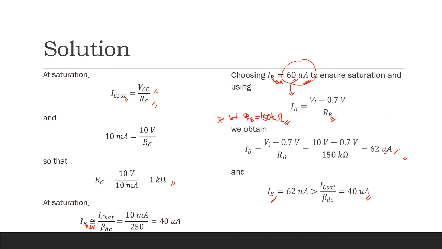Sorry, pakita ko na rin. Instead of using 40, gusto natin mataas, ang inassume natin is 60 to. So, mali to, hindi talaga to max. Sorry. Ayan, nilagay natin dito yung 60 microampere. So, yung RB natin na makukuha dyan is 10 volts minus 0.7 divided by IB natin, which is 60 exponent negative 6.